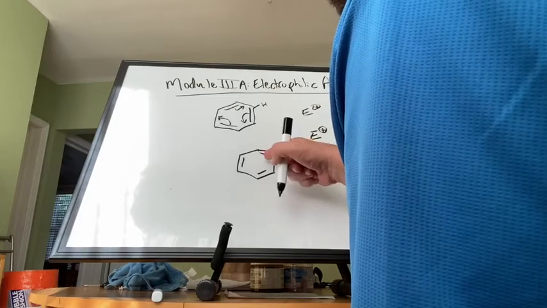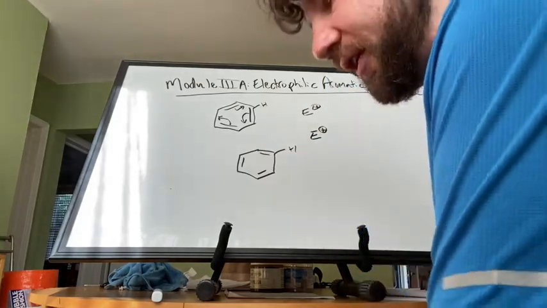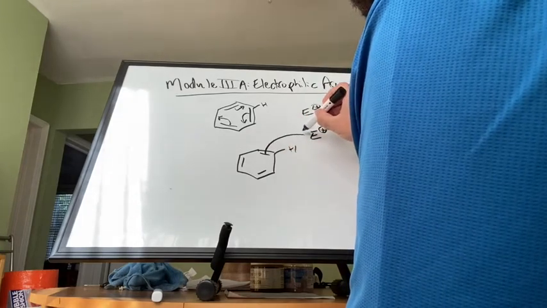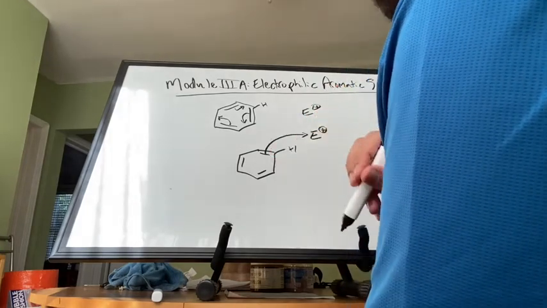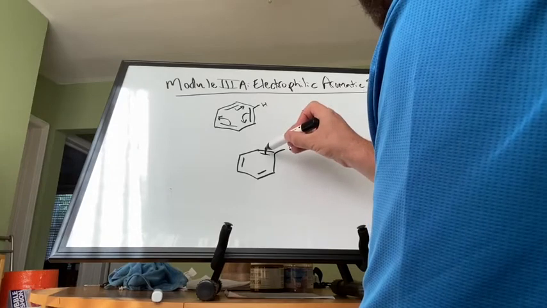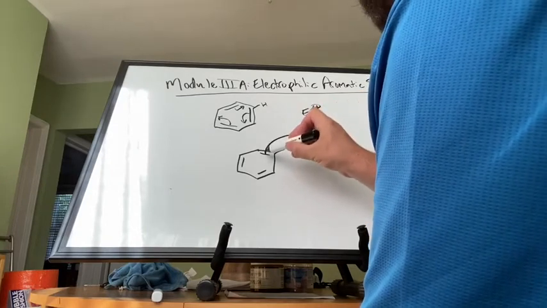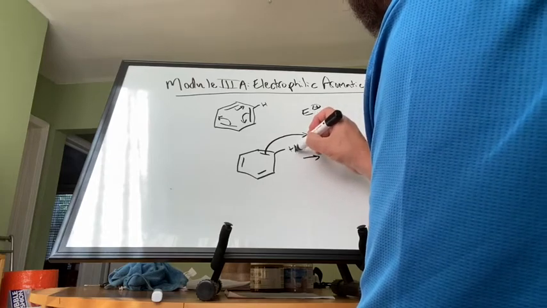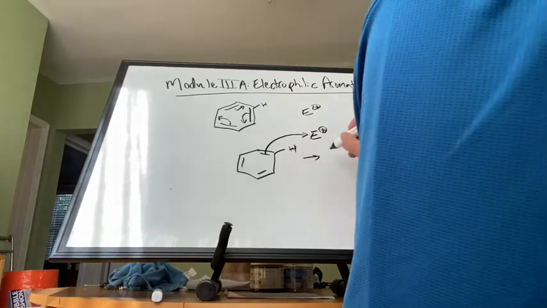And now, just like electrophilic addition, this pi bond is going to lend its electrons. Those two electrons are going to coordinate to the electrophile.